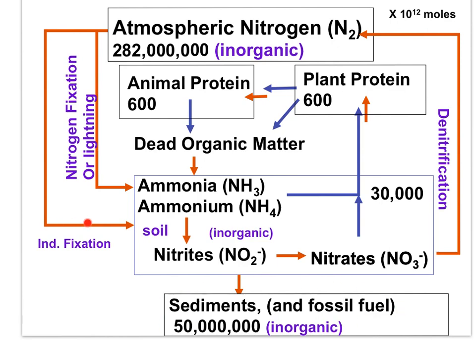Now, industrial fixation is meant to be the application of industrially produced fertilizers to the soil by our agricultural practices. The application of nitrogen or phosphorus fertilizers to the soil is a disruption of the soil cycle of these nutrients.